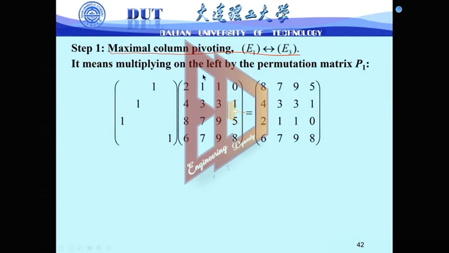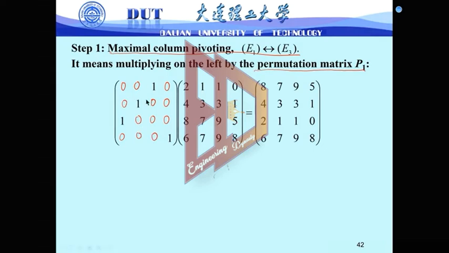Here I show you. It means we multiply A from the left side by the permutation matrix denoted by P1. P1 is this matrix: 0 0 1 0, 0 1 0 0, 1 0 0 0, 0 0 0 1.